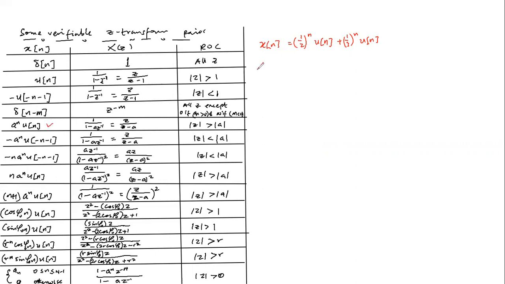So we can write the Laplace transform to be the same as 1 over 1 minus 1 over 2 z to the minus 1, plus 1 over 1 minus 1 over 3 z to the minus 1.